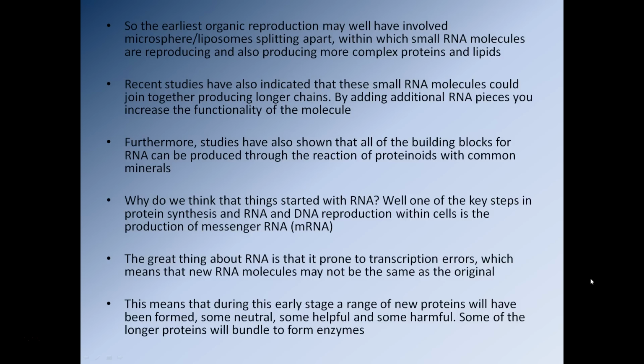So this means that during this early stage, we have a range of new proteins being formed, some of which will be neutral, some will be harmful, and some will be helpful. And some of these longer proteins, once we have these long pieces of RNA, will begin to bundle themselves together to form enzymes. And as I'm sure you remember from high school biology, enzymes are essentially catalysts. They help to speed up the rate of biologic reactions.